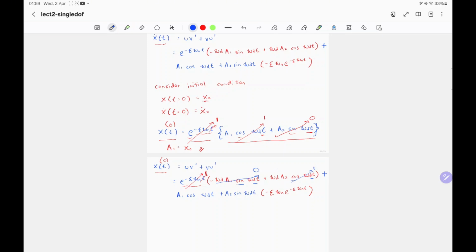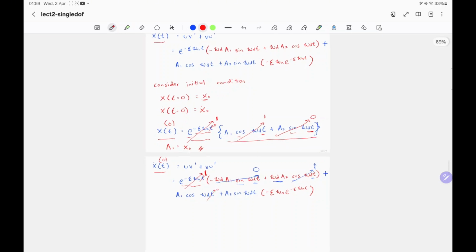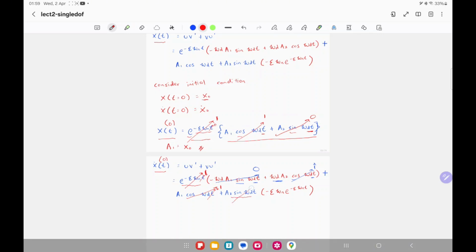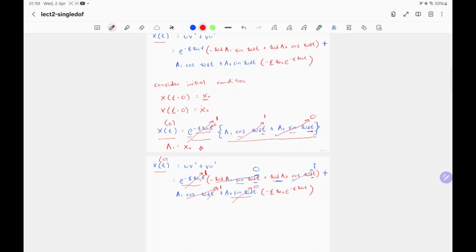So here we have only omega d a2 multiplied with 1, plus a1 cos 0, which becomes 1, and sin 0 becomes 0, so all of these become 0. e to the power of 0 is 1, and we are only left with this.